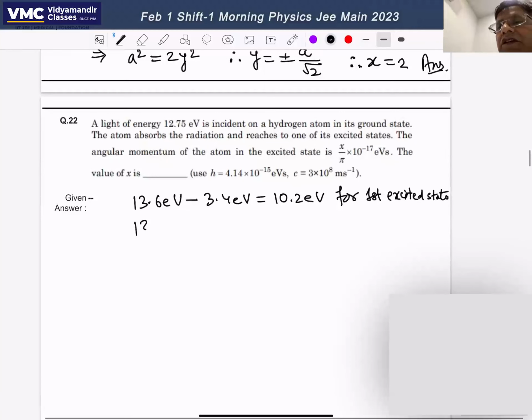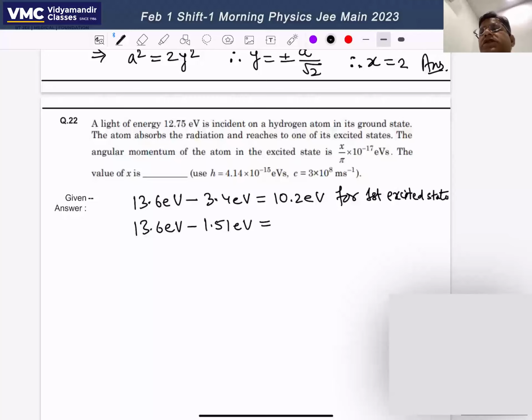For the second excited electron, we have to subtract the energy of the second state from the energy of the third state, and it comes out 12.09 electron volt.